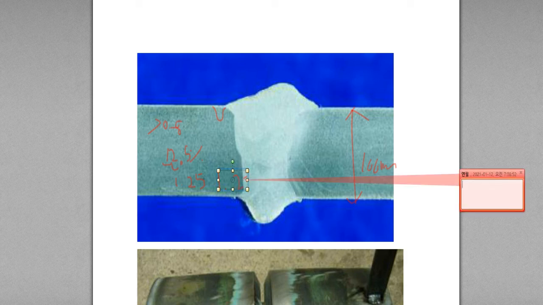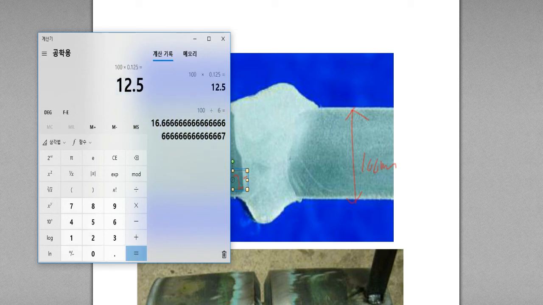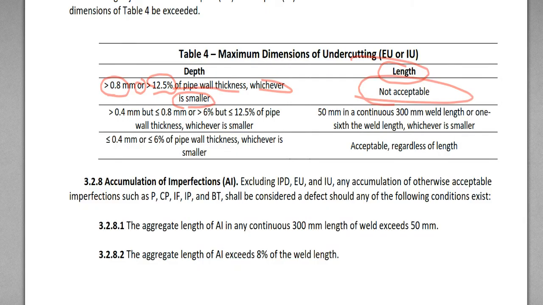Oh, what's wrong with me? I cannot do the calculation. I'm going to use the calculator. So if undercut depth is over 12.5%, this is rejectable. So take the smaller one, over 0.8 millimeter, and regardless of the length, the undercut is rejected.